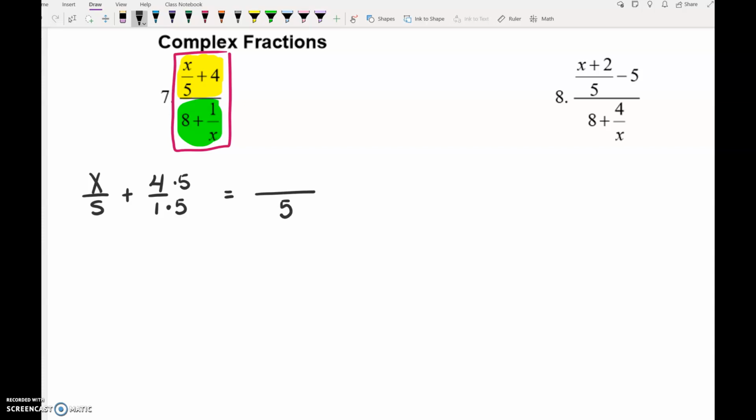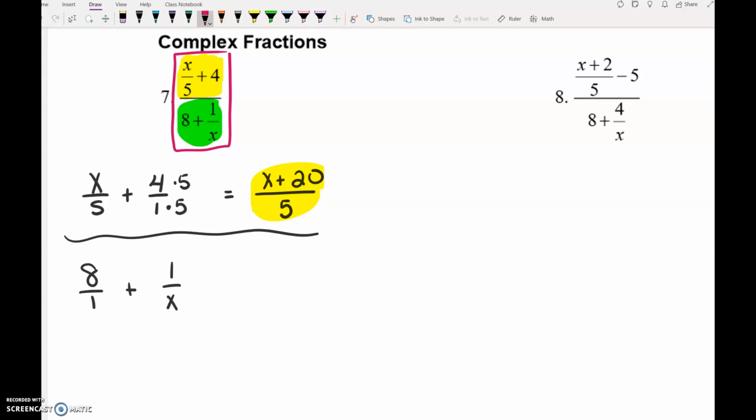1 times 5 is 5. On the top, we've got x plus 4 times 5 is 20. So there's the result of simplifying the top of that complex fraction. Now we've got 8 plus 1 over x.